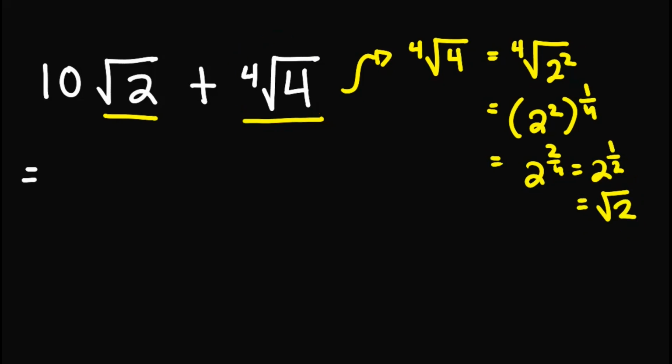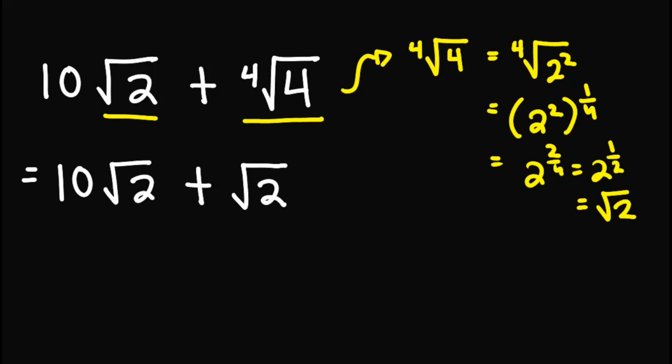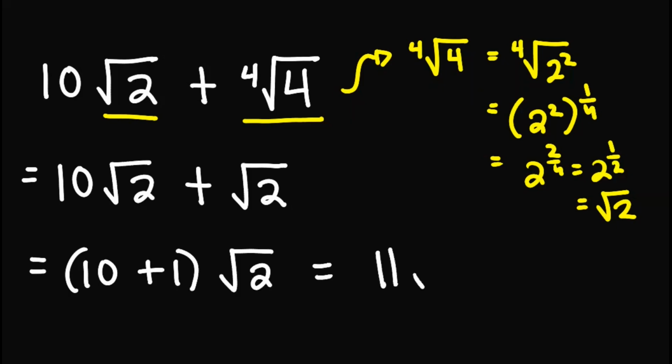So we can actually write this one as 10 square root of 2 plus square root of 2. Applying the idea of adding the coefficients, this one is 10 plus 1 square root of 2, or simply 11 square root of 2. So again, when encountering a seemingly dissimilar radical, try to explore it first before concluding that it is actually dissimilar.